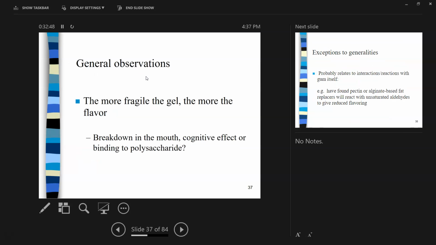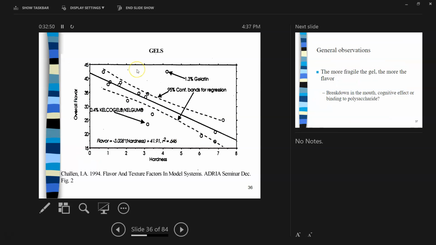There are some exceptions to this last one, some outliers. Here's a gelatin as an outlier. Here's a kelp gum outlier. Each of these is a different material, at different concentrations, to get these different gel strengths, and some obviously lie outside that boundary.